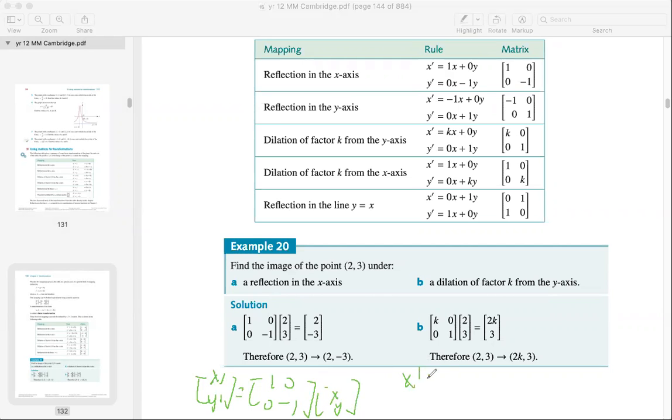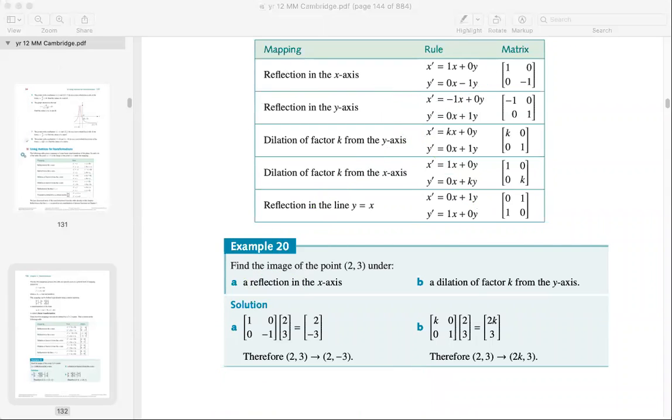Which means my x dash is x and my y dash is negative y, which means reflection in the x-axis. So essentially you do need to remember this one because otherwise it's hard and tedious. That's why I'm introducing you to this method, to help you become familiar with how to convert each way and help you answer the problems.